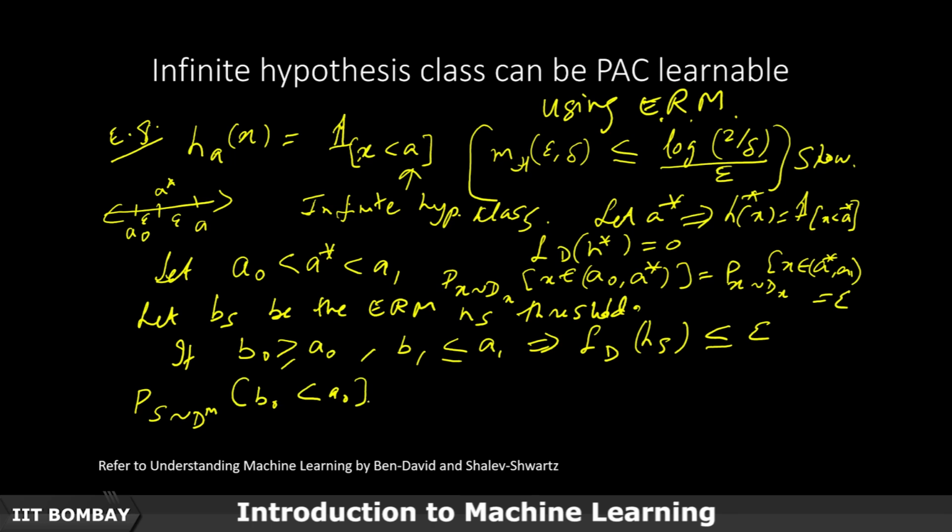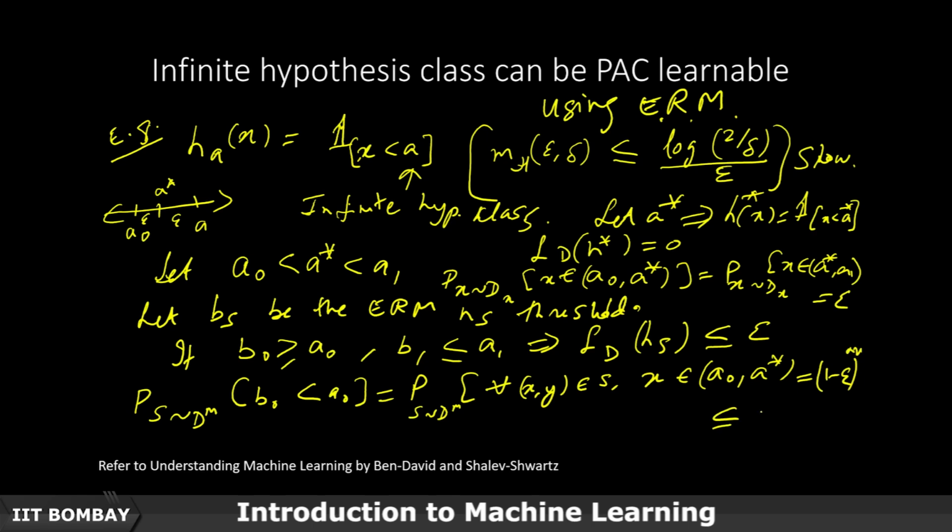is the same as the probability that S is drawn from D^m, for all (x, y) belonging to S, such that x belongs to a0 comma a star. This is equal to (1 minus epsilon) to the power m, and this is less than or equal to e to the power minus epsilon m.